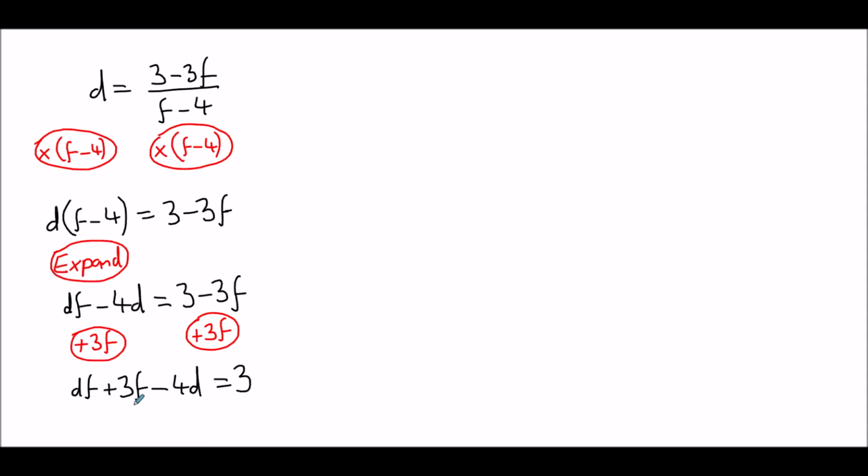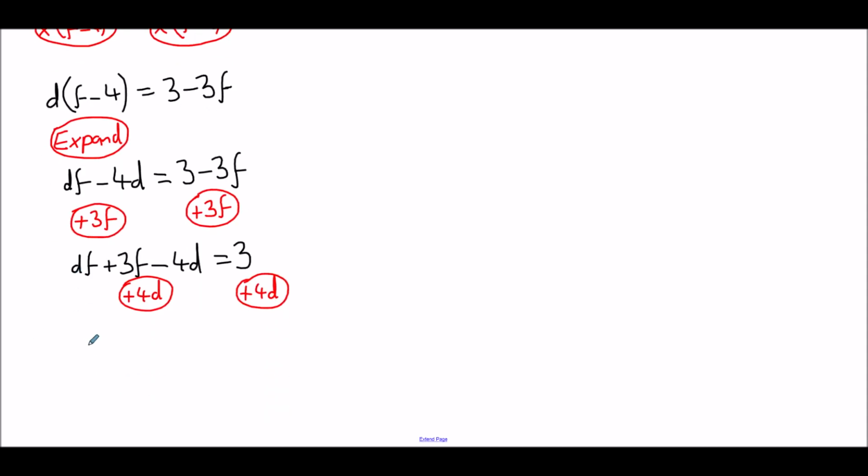So we can get rid of this minus 4D by adding 4D. If we do that to the left, we need to do the same operation to the right. So the left will simply become DF plus 3F, and this side will become 3 plus 4D. We can now factorise out the F from the left-hand side.